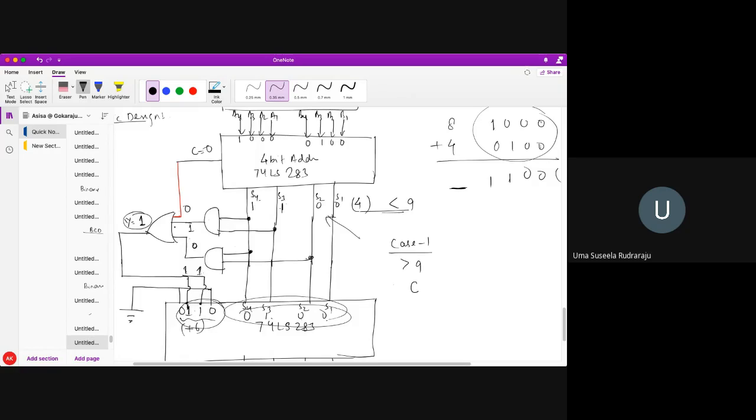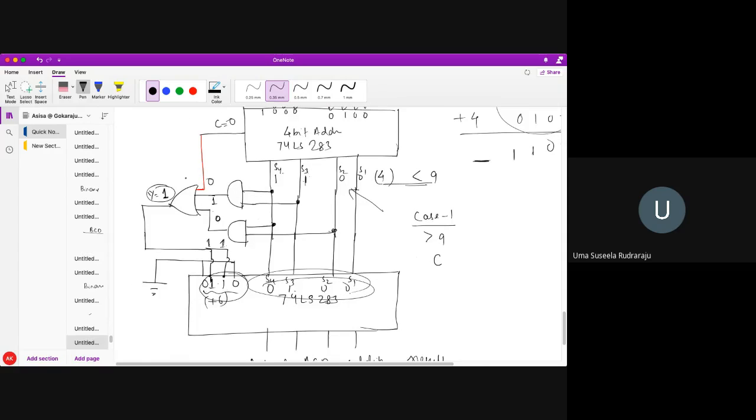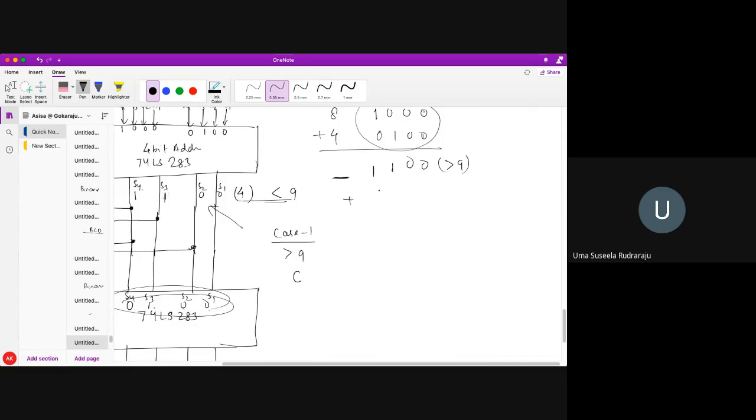So 0 1 0, if I perform the OR operation, what will I get here? 1. Okay, so we need correction here because it has an error, and what correction does it need? Plus 6, 0 1 1 0. So I'm just going to add here plus 0 1 1 0, which gives me 0 0 1 0 with carry 1.